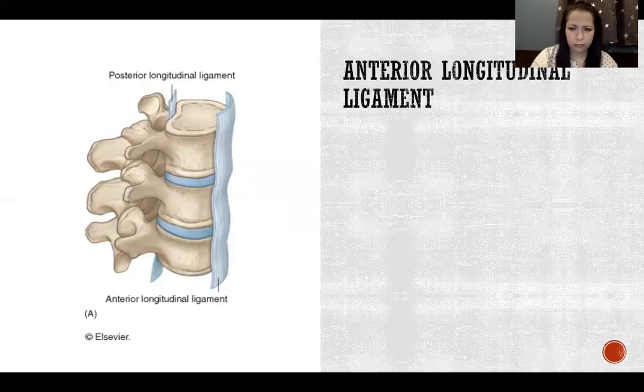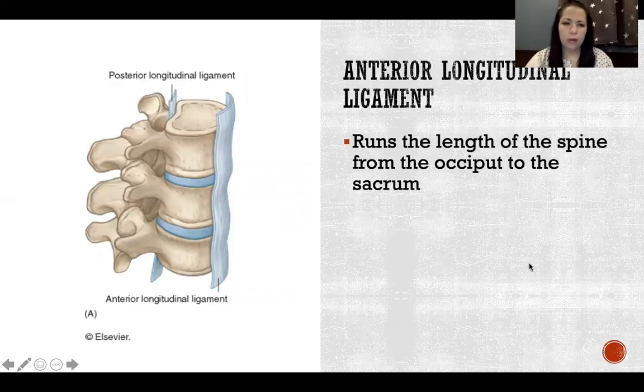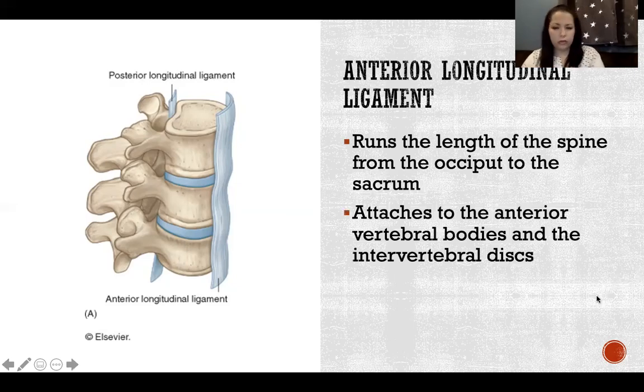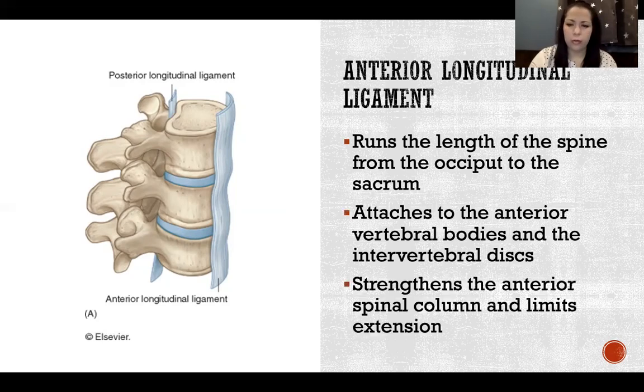Then the anterior longitudinal ligament is a thick, long ligament that runs the whole length of the spine, all the way from the occiput down to the sacrum. That's what we see in this picture on the anterior side of these vertebral bodies. It attaches to the anterior vertebral bodies and the anterior portion of the intervertebral discs, and it strengthens the anterior spinal column and limits extension.